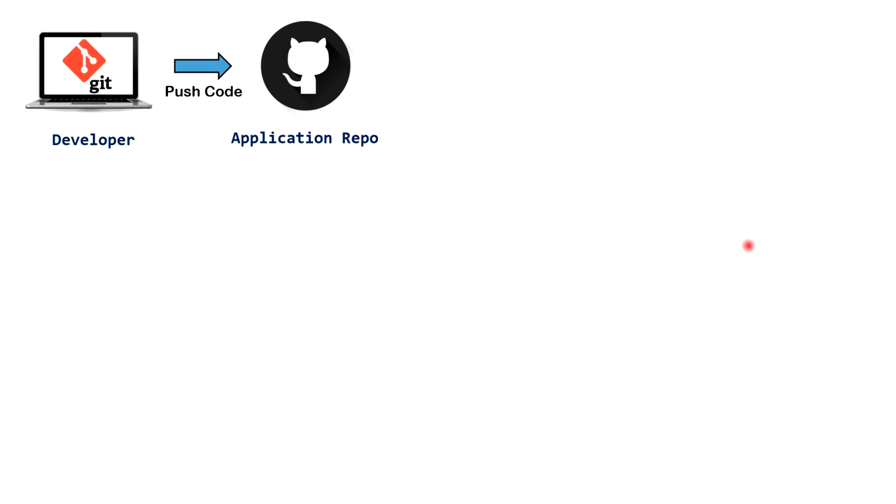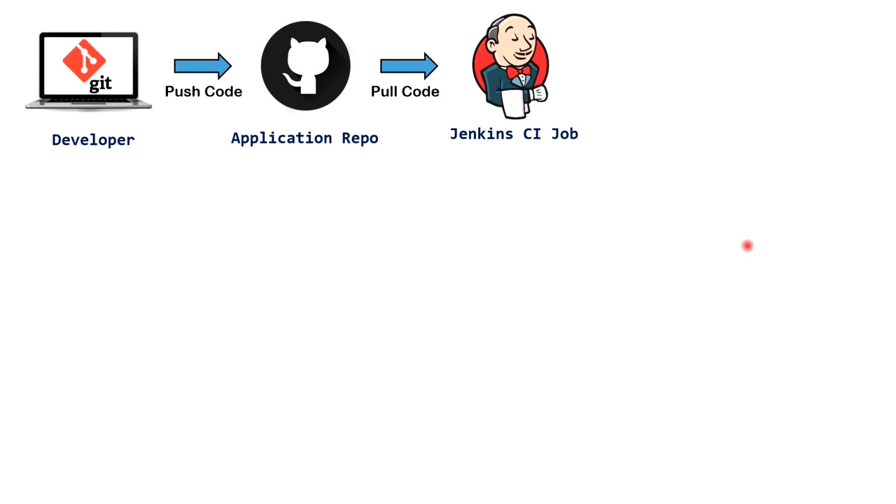In our CI/CD pipeline, if a developer makes any changes on the application repository on GitHub, then it will trigger the CI job of Jenkins, which will pull the code from the application repository and build and test the artifact using Maven.